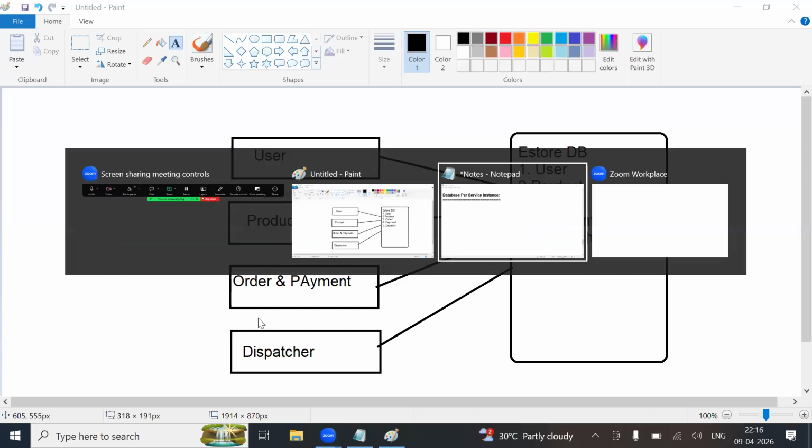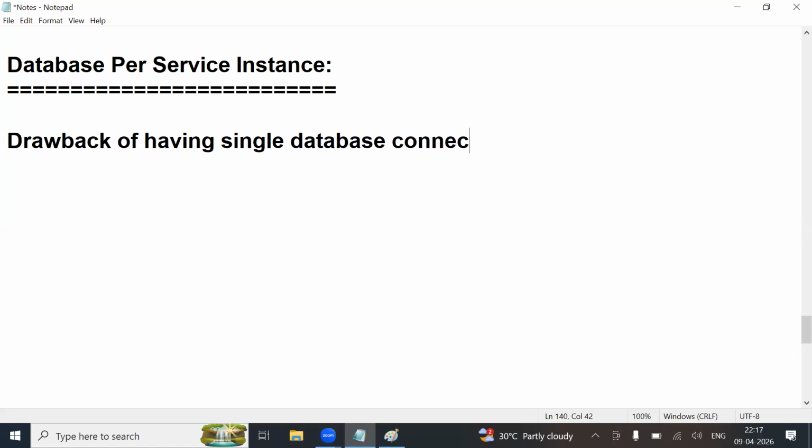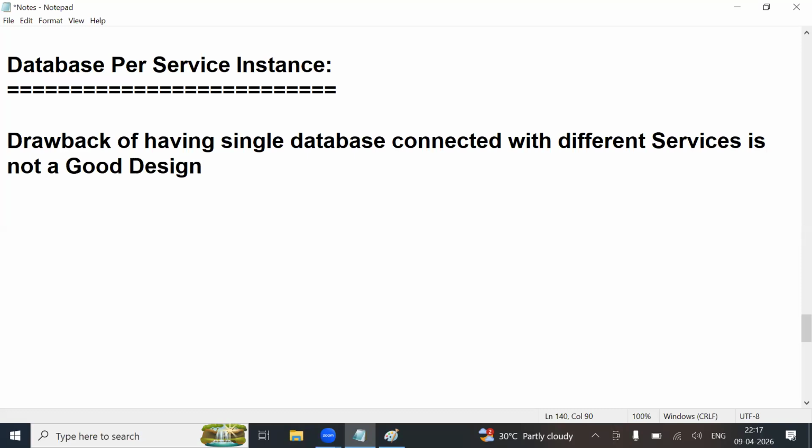So the drawback of having a single database connected with different services is not a good design. Do you all agree with me?